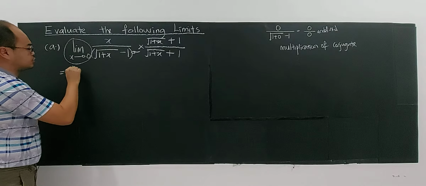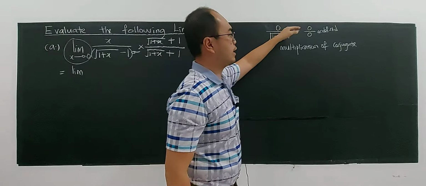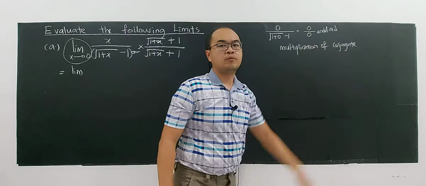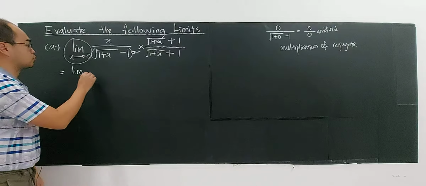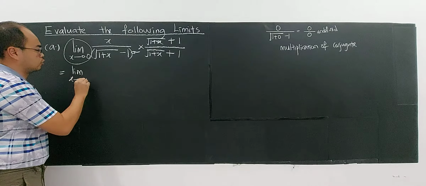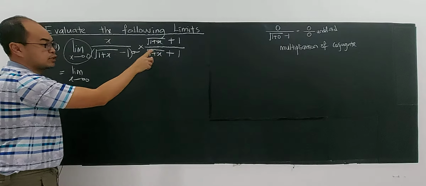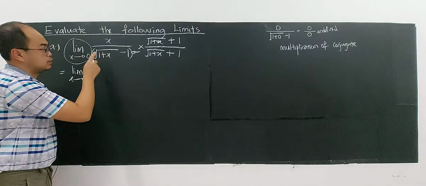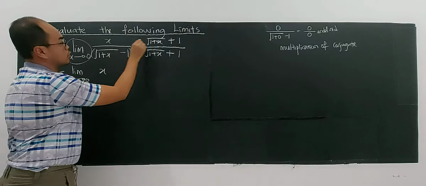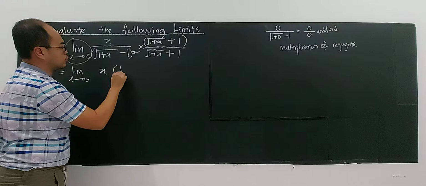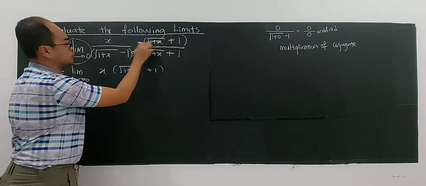To evaluate a limit involving the case of 0 over 0, we need to find the common factor. By applying the conjugate multiplication, we can find the factor. This one we don't expand, for the top one, because these two are not a conjugate pair.